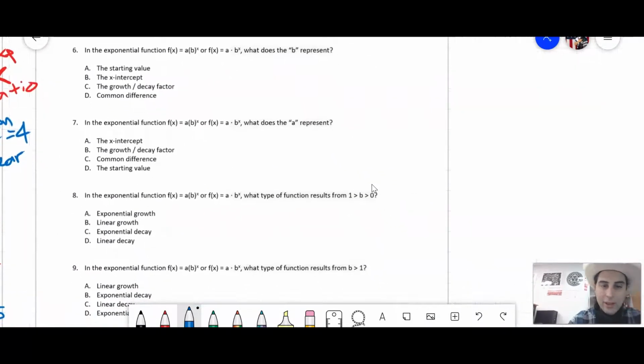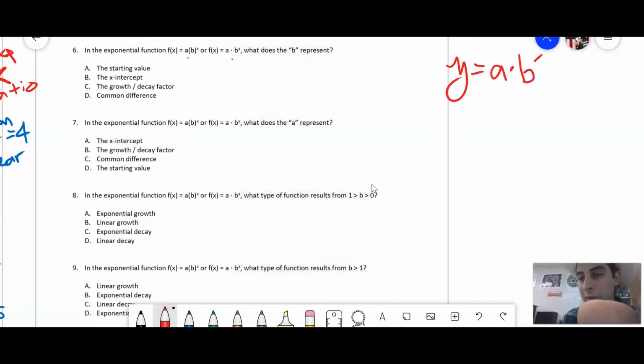In the exponential function f of x equals a times b to the x, or f of x equals a times b to the x, the only difference is one has parentheses and one has a dot, multiplication. What does the b represent? When you have an exponential equation, a times b to the power of x, x is in the exponent.